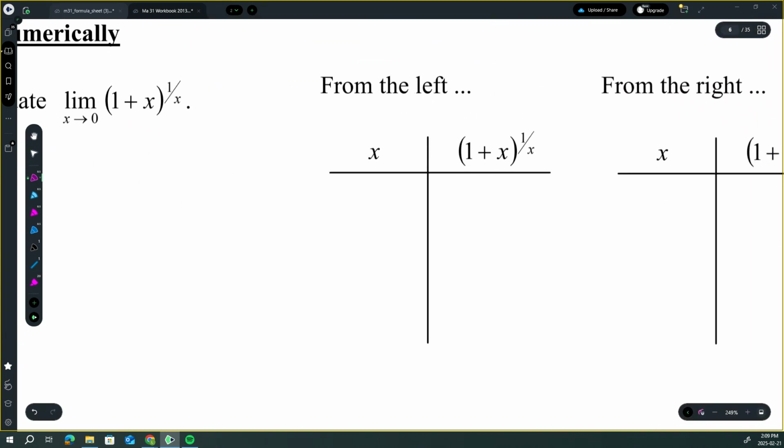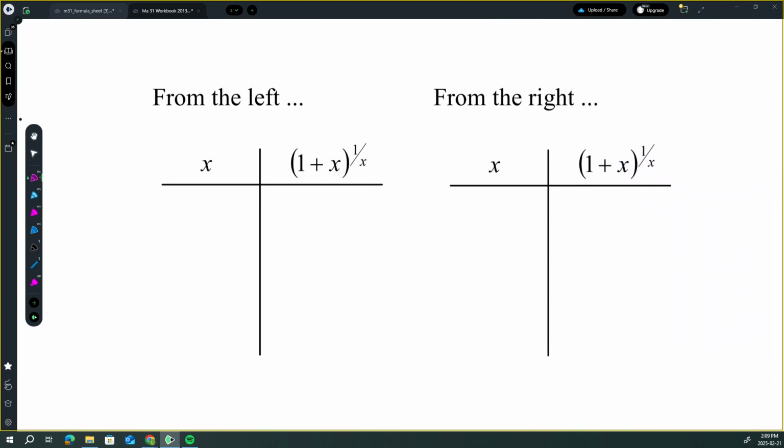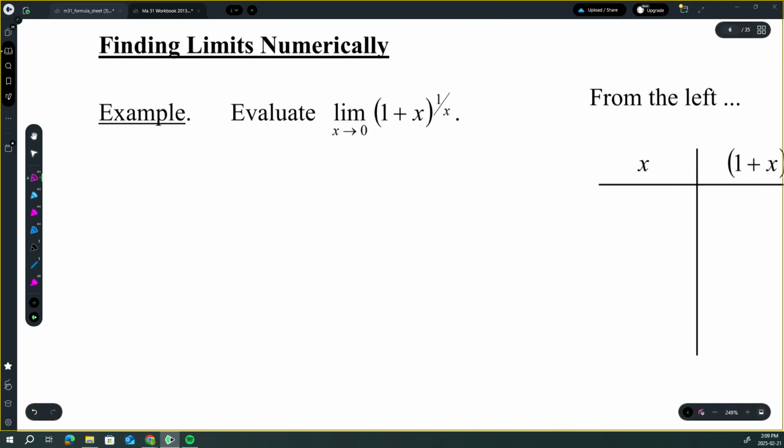We're given a chart here to figure out what the value of f of x is going to be as we approach x from the left and from the right.